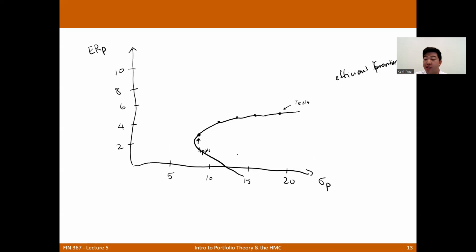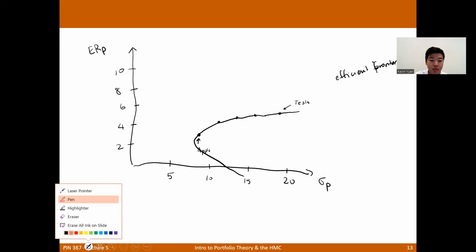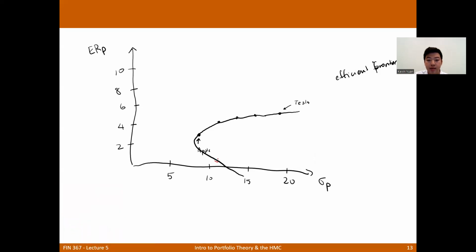Okay. And the reason it's called efficient, well, technically the upper portion is efficient, is if we were, let's say, at a point here, does it make sense to ever be at a point here? Does it ever make sense to find weights so that you're down here? Well, let's think about what this really means. We're saying we're at a standard deviation of, let's say, this might be 11. This black line, again, is all the available options to us.